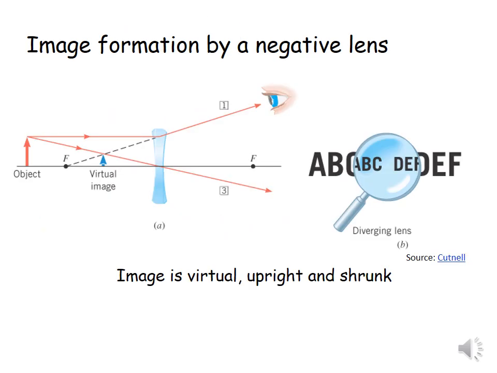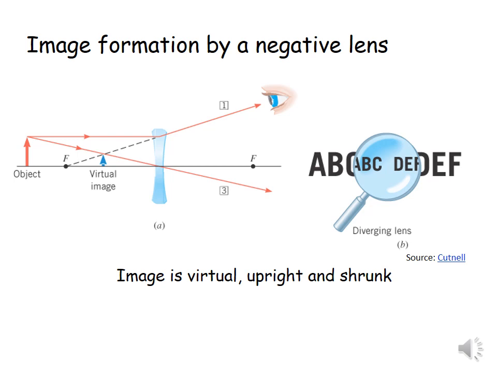The image formation by a negative lens must follow the same rules. The incoming ray, which is parallel to the main axis, will be refracted as if originating from the focal point, and the incoming ray, which passes the center of the lens, must follow the same trajectory. Both lines cross each other at one point here.